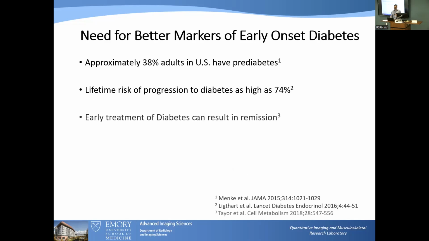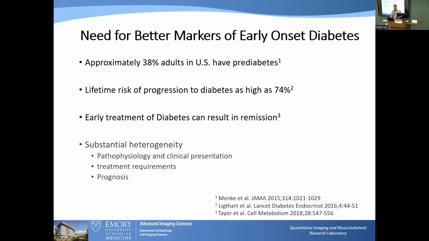We also know that early treatment of diabetes can result in remission, but later treatment is not quite as efficacious. So we really want to be able to do something at an earlier time point, as well as know how far along somebody might be in this disease progression to better tailor therapy.